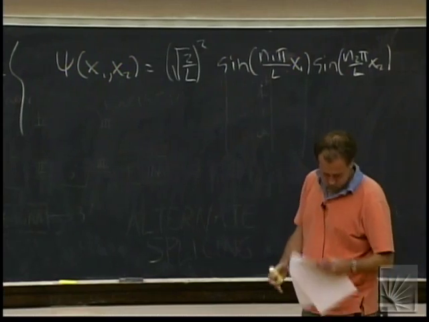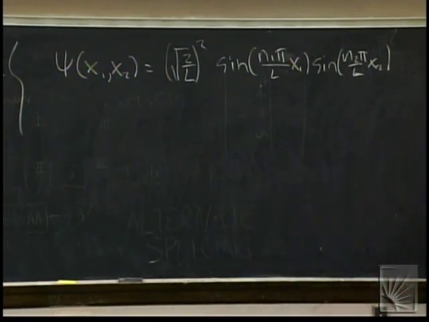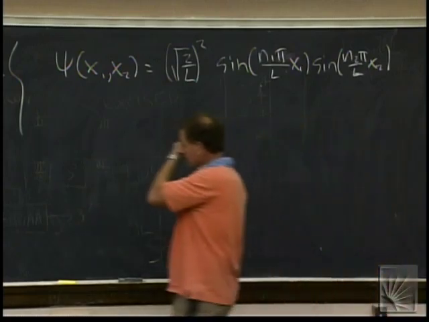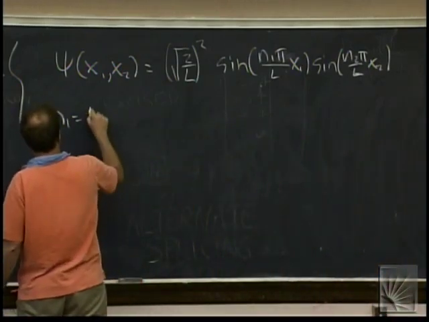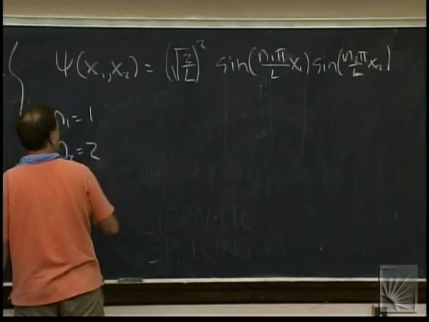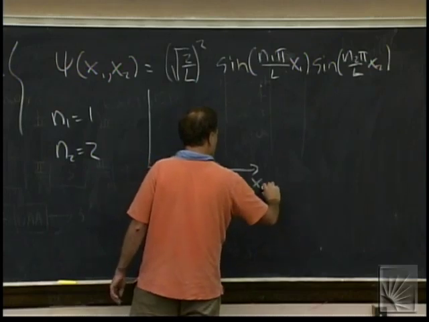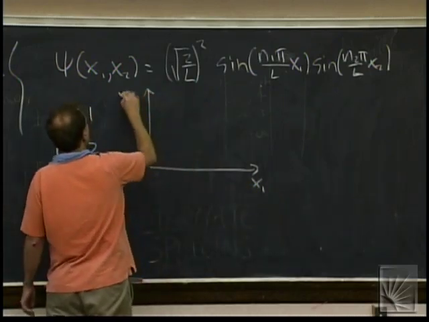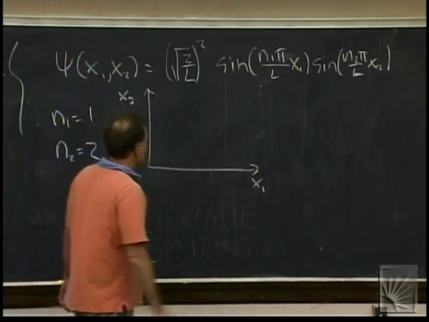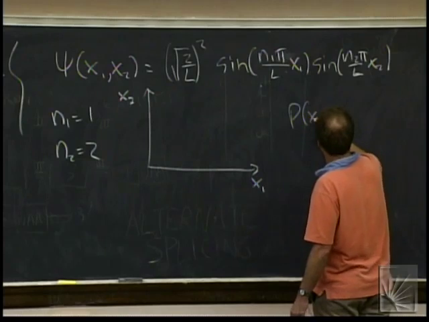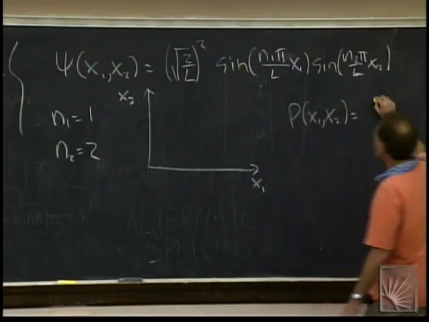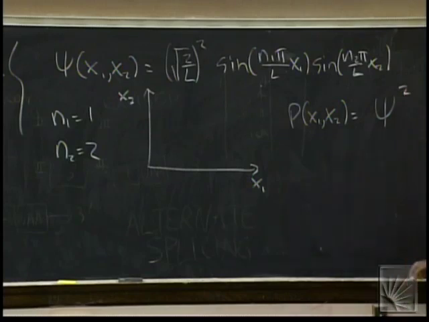So there's a way to think about this. If I take n1 equals 1 and n2 equals 2, and then I think about P of x1 and x2, which is psi squared, or I should write the complex conjugate squared, although this is all real.